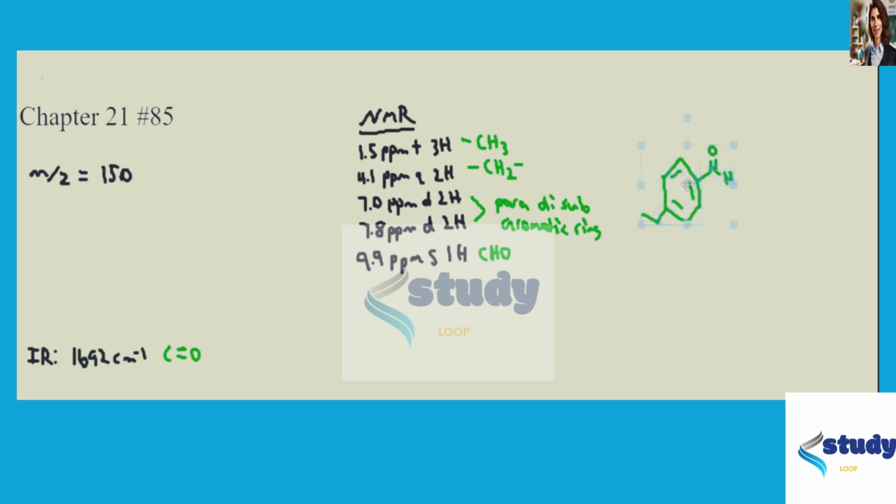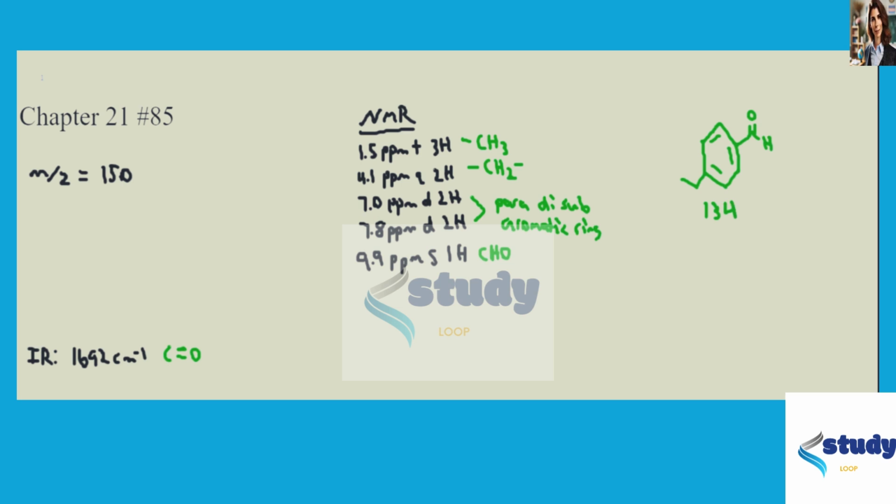However, when we count up our carbons and hydrogens and oxygens here, what we're actually going to find is that this only adds up to 134.